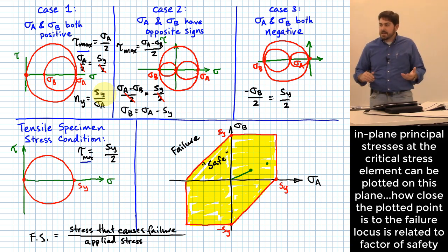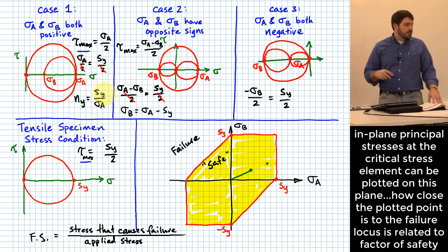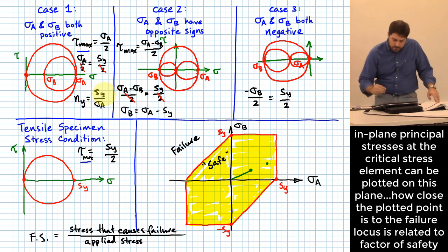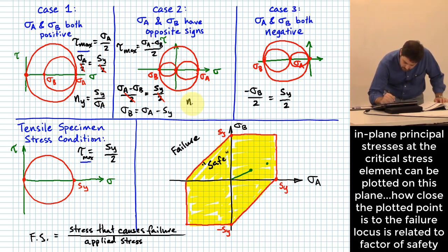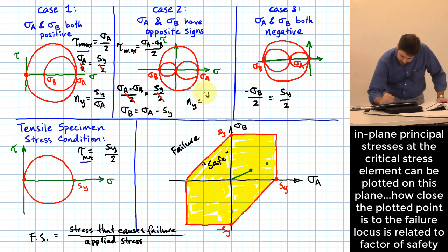And by the way, in this text, they typically use a letter N for factor of safety, in case that's confusing. So I'm going to start using that. What about for case 2? What do you think that one's going to be? Okay.